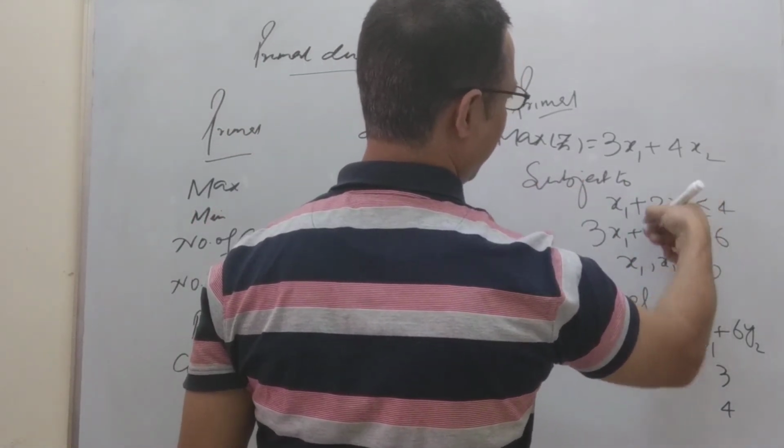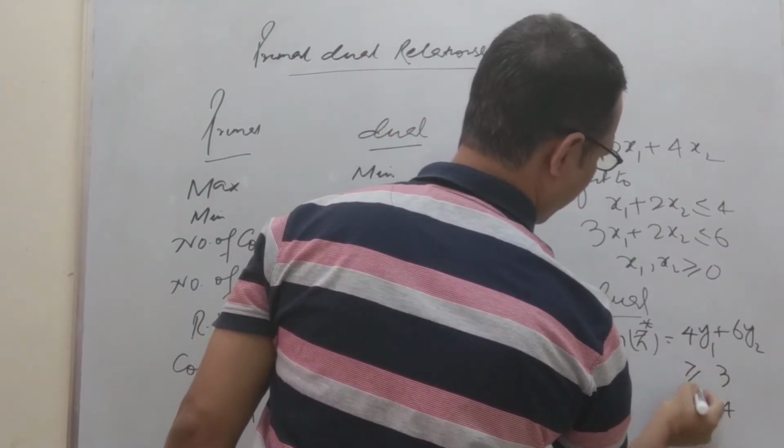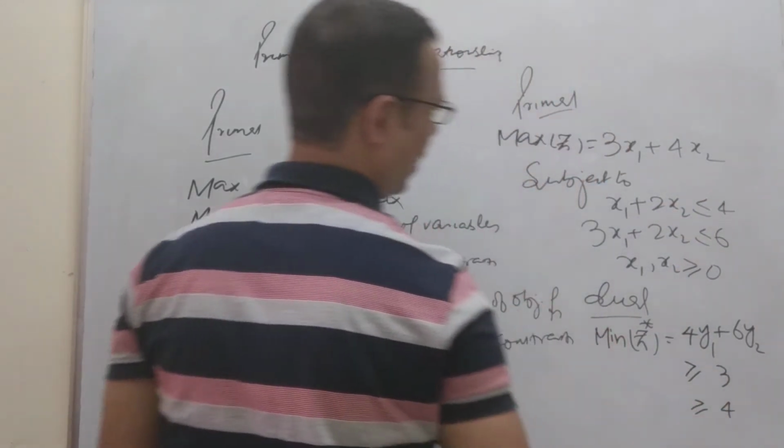The question has been given in maximization form, and its constraints are given in less than or equal to inequality form. So in minimization form, the inequalities will get changed into greater than or equal to form.